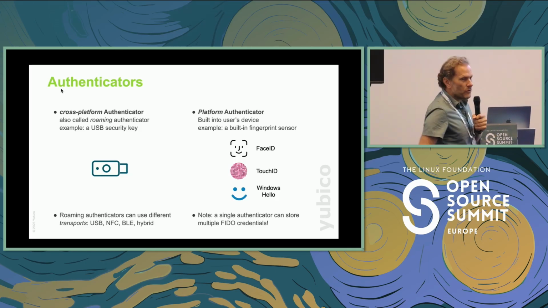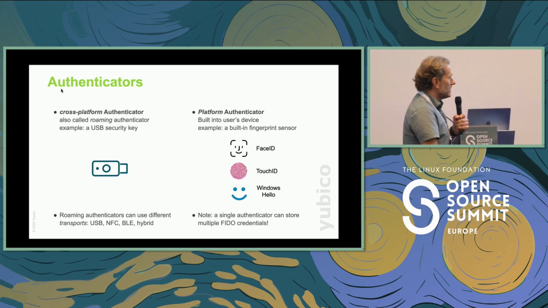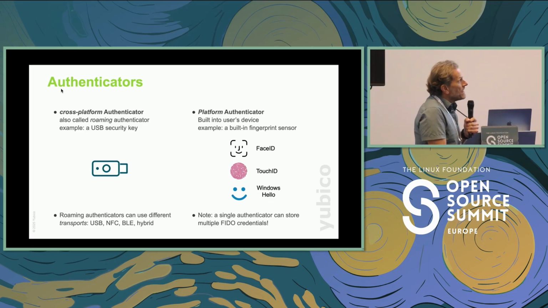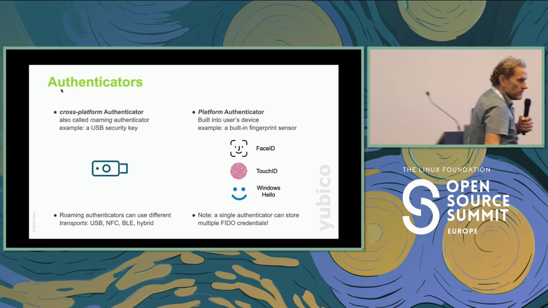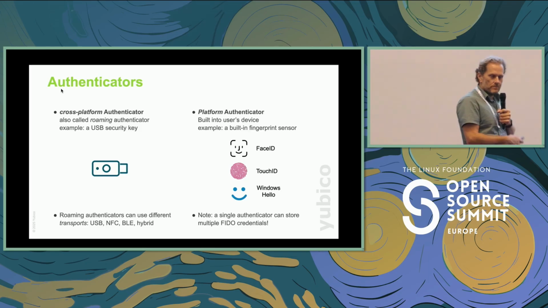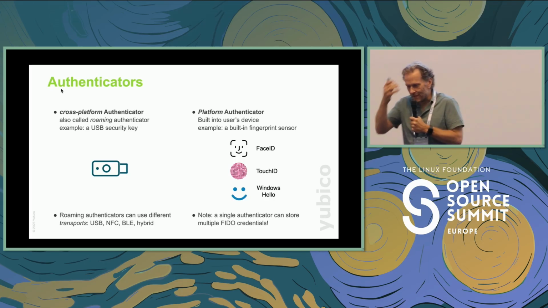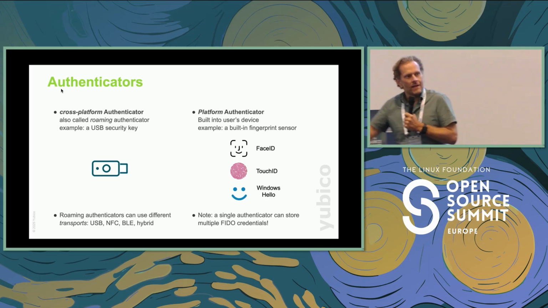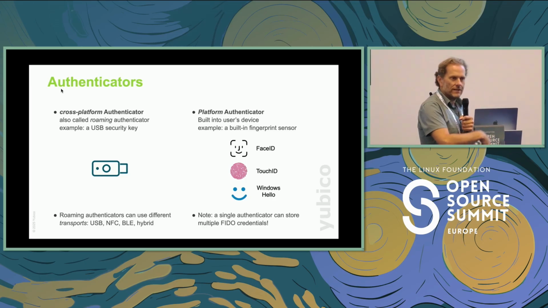There's also a platform authenticator. Those are built into your system, for example on your iPhone or your Android device or on Windows. It uses the same technology, except that the property that you cannot export private keys is lost there. If you've heard about passkeys, most people talk about passkeys in the context of Apple and Google, and they synchronize private keys using their cloud environments.